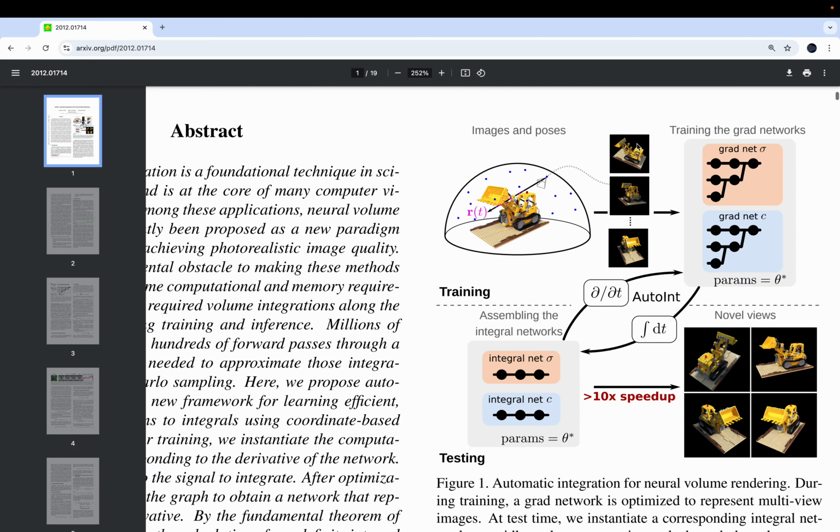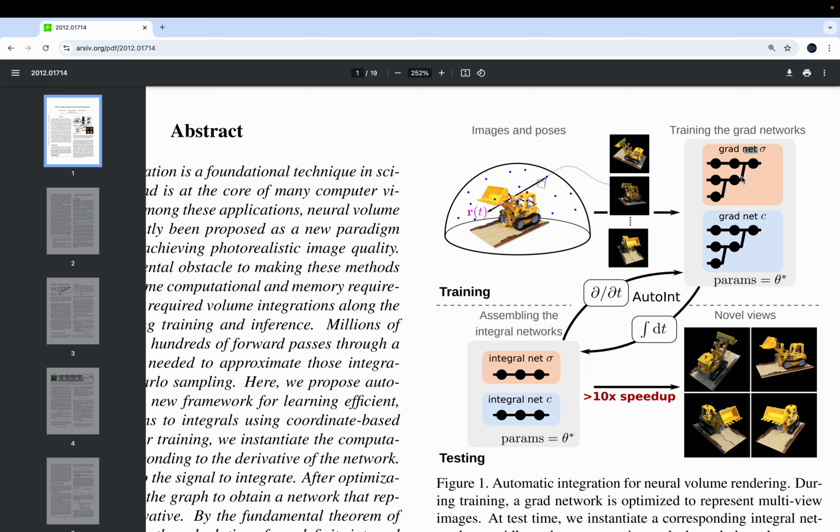Okay, so we've discussed that. We model the integral network, but we train the grad network that is derived directly from the integral network. We can compute that automatically using automatic differentiation, but in the paper they compute it manually because it's more efficient.